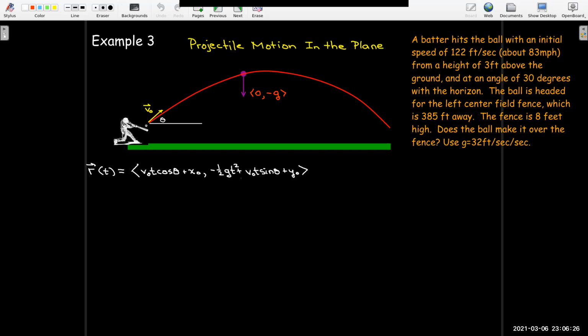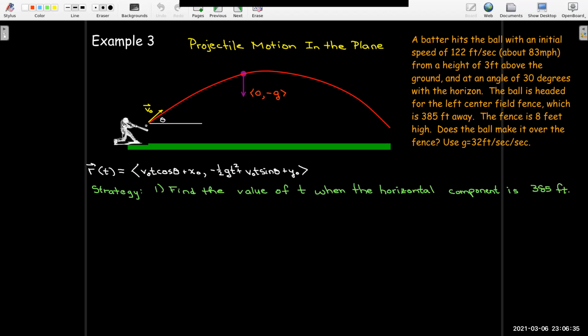So here's our formula. What's our strategy? We'd like to find the value of t when the horizontal component is 385 feet. Once we know that value of t, we've got all the information to solve for t. We know the initial speed.